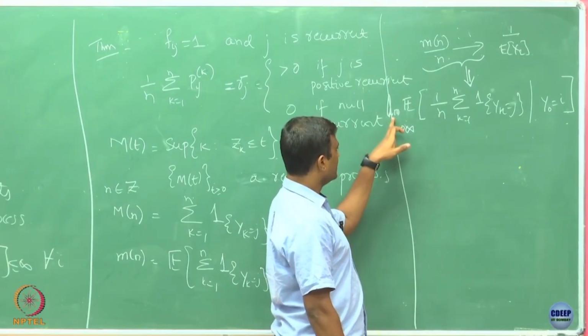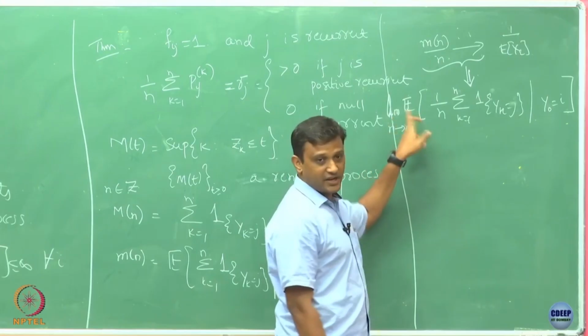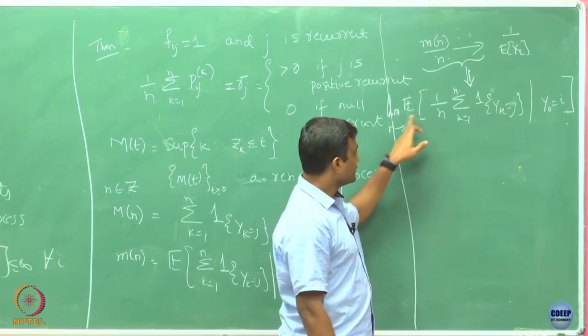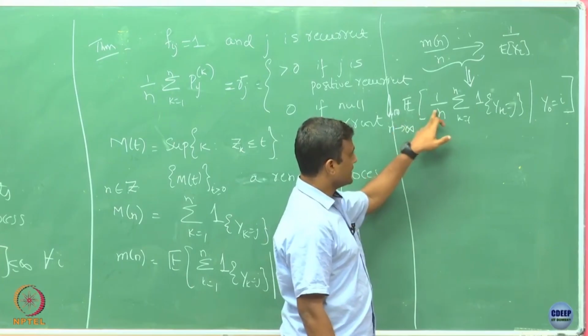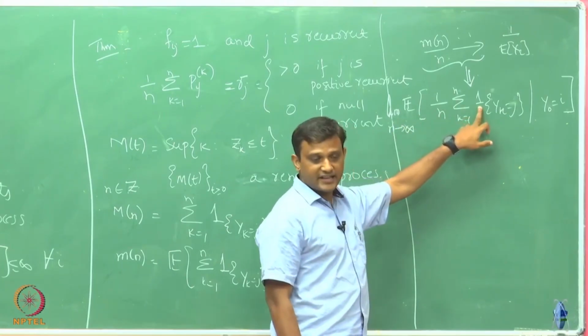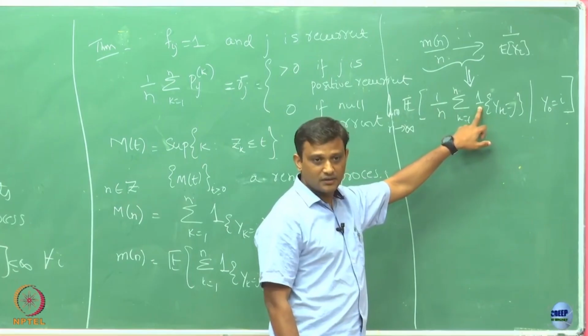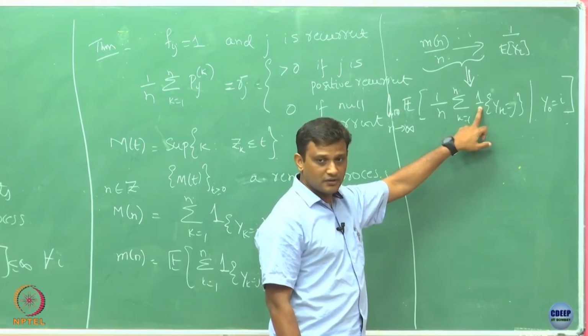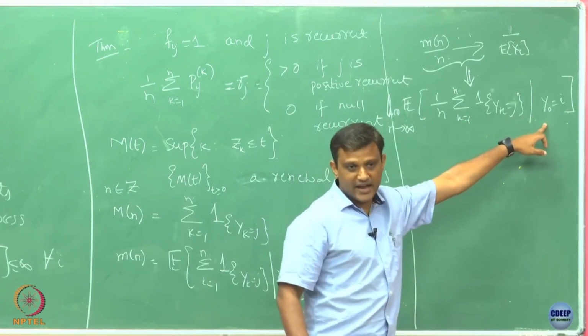Suppose I interchange this expectation and limit, what is this quantity going to be? When I take the expectation inside, the expectation of the indicator becomes the probability of y_k equals j given y_0 equals i, right.